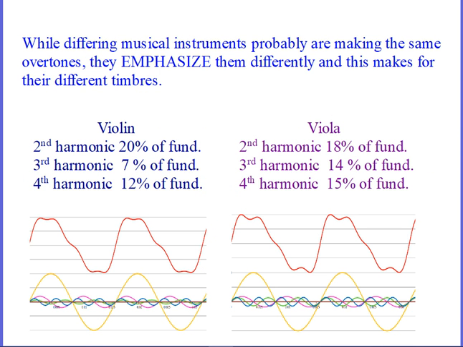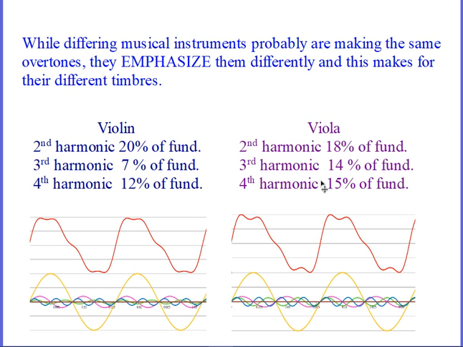Here is an example. I just made up these numbers, and then I made a spreadsheet and I put them in, and here would be the fundamental. Here is the second harmonic, 1/5, 20% the amplitude of the fundamental. In green we have the third harmonic, 7% of the fundamental. In blue the fourth harmonic, 12%.